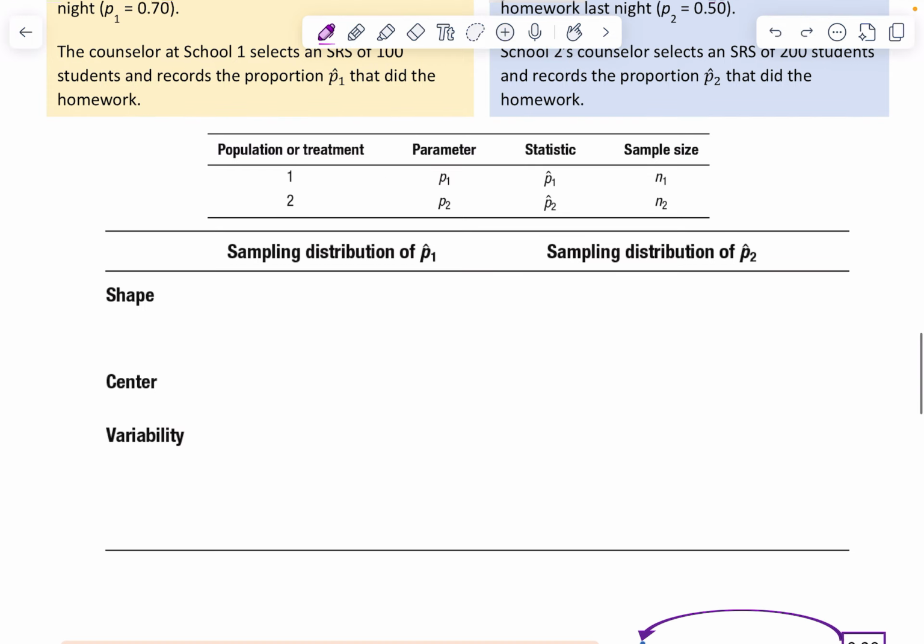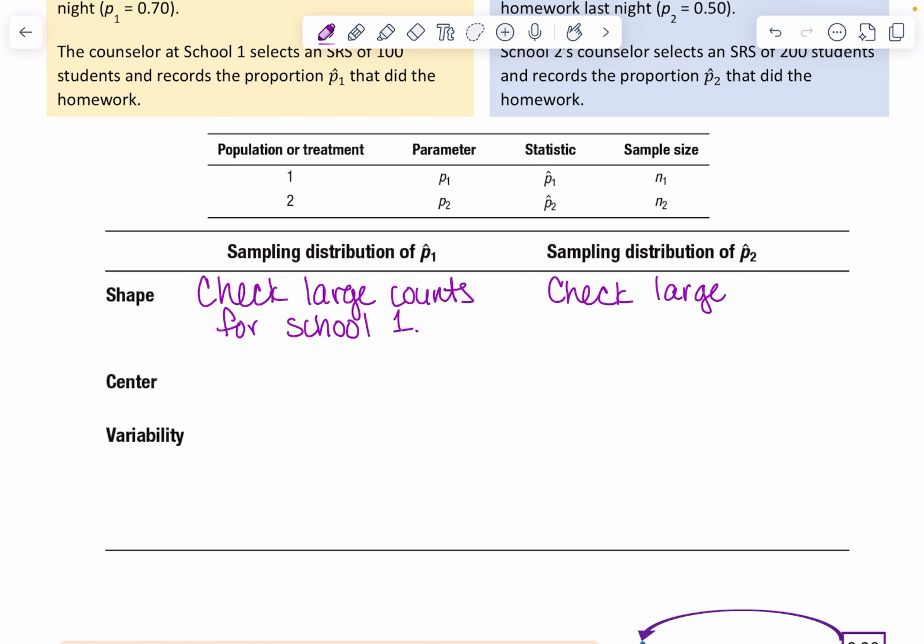So for shape, we're going to check large counts for school 1, and we're going to check large counts for school 2. Because if they both pass large counts, that means they are both normal, and that means the combination of them will also be normal.